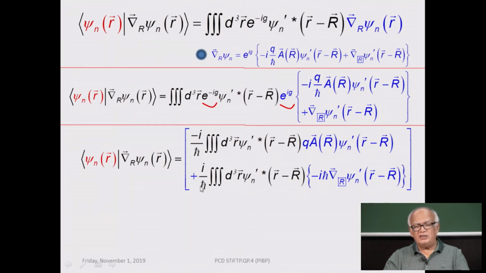So multiplication by plus i over h cross is the same as division by minus i h cross. And what I have in the second term is nothing but the expectation value of the momentum operator in an eigenstate of the full Hamiltonian. But the momentum operator and the Hamiltonian do not commute. Okay. So you will need a full superposition, and this expectation value of the momentum operator will vanish.